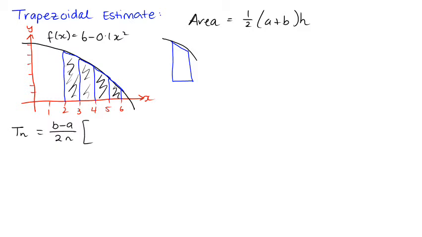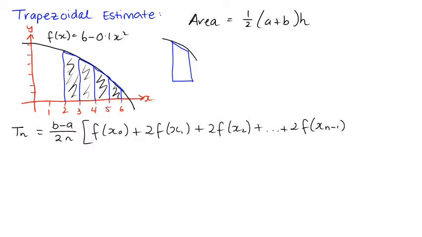Okay, so it is f of x0 plus 2 times f of x1 plus 2 times f of x2, go all the way up to 2 times f of xn minus 1 and 1 times f of xn. That's it. That's a long one. So basically you start with the first one, you end with the last one, and everything in between gets multiplied by 2.